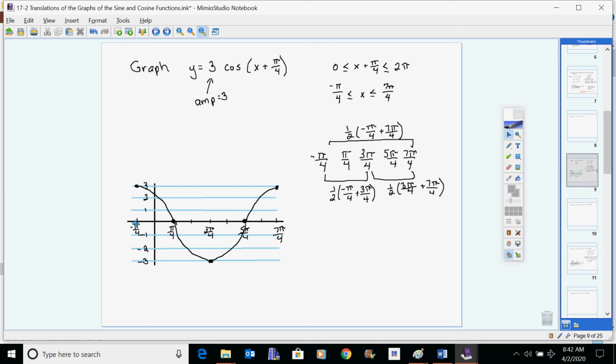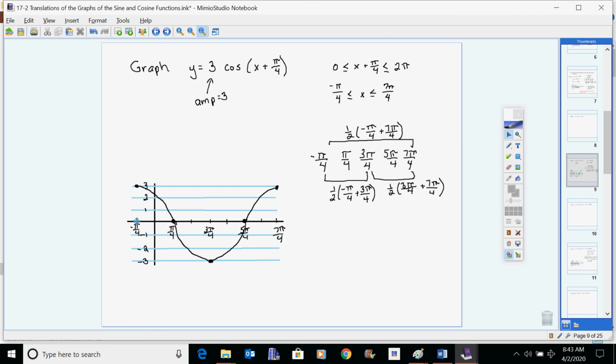Now that tells me if I'm going to go negative pi over 4, I'm going to have to make pi over 4 gaps as I go along. Not every one of them is our special points, but just so that you're keeping your increments even. If I do negative pi over 4 this way, it takes pi over 4 to get here and another pi over 4 here. So you're thinking about fourths.